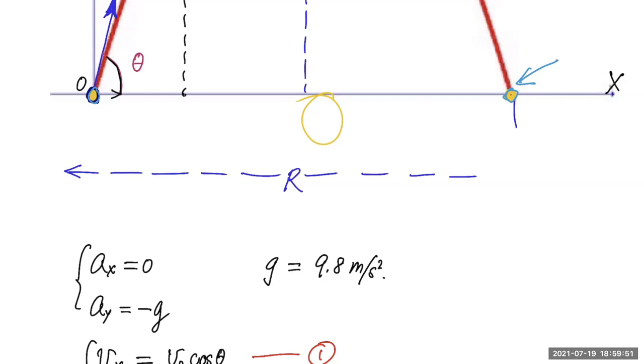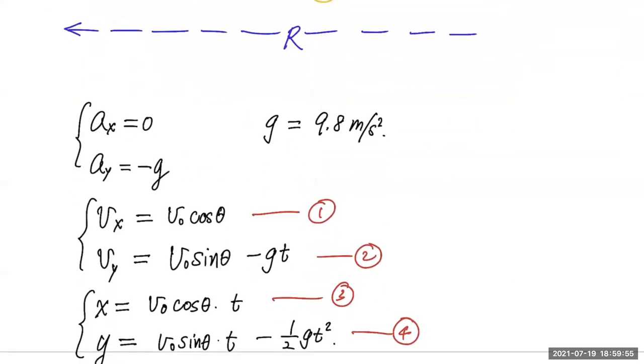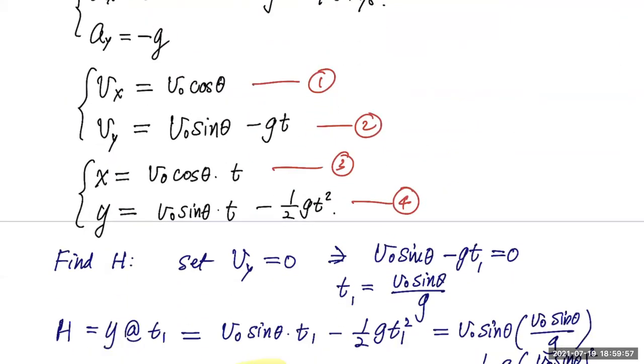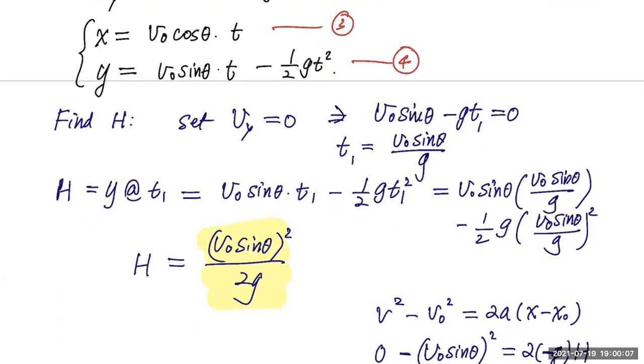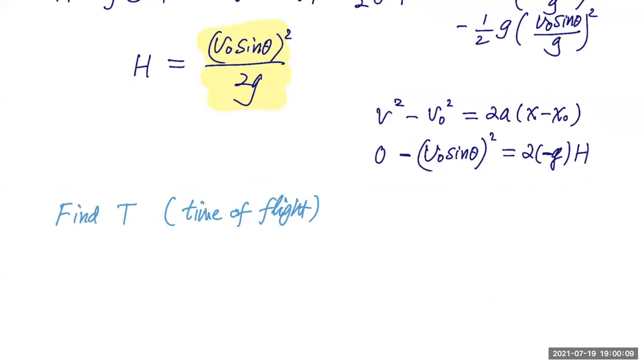Y equals 0. Okay, so clearly, if you want to find the total time of flight, you better use equation number 4, because that tells me y at any moment. What if you set y equal to 0? When you set y equal to 0, you're going to find the time it takes to get there. So I'm going to use equation number 4. Okay, so set y equal to 0, not vy, but y. Set it equal to 0.